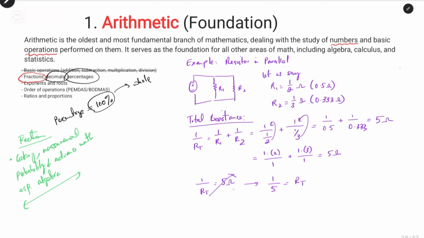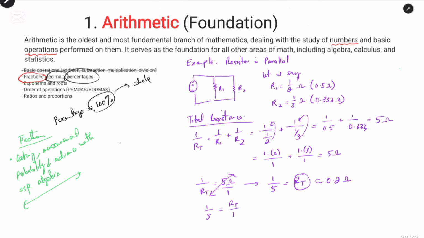You bring this one to the other side, divided by 1, and the 5 will be below. So it will give you 1 on 5 is equal to RT on 1. So you have the total resistance in this parallel circuit is 1 on 5, or is equivalent to 0.2 ohms.